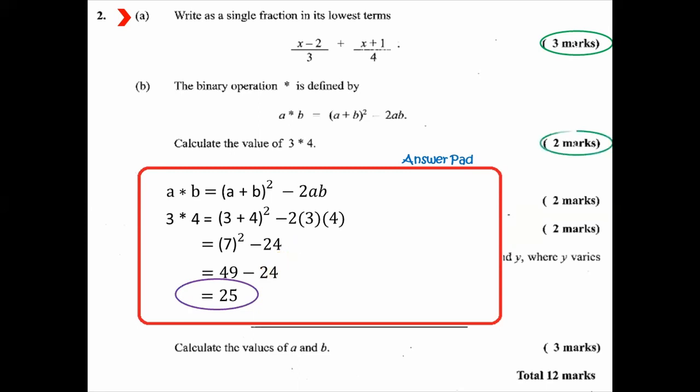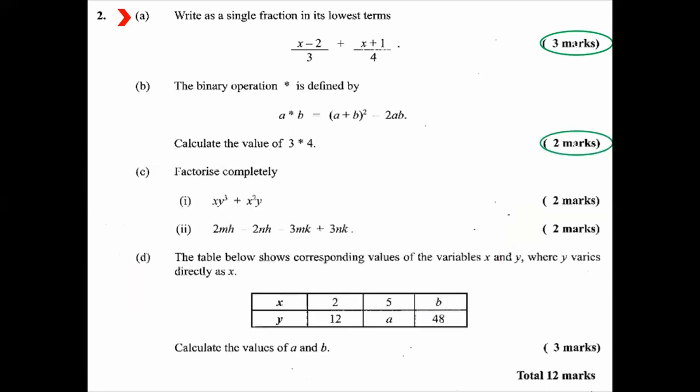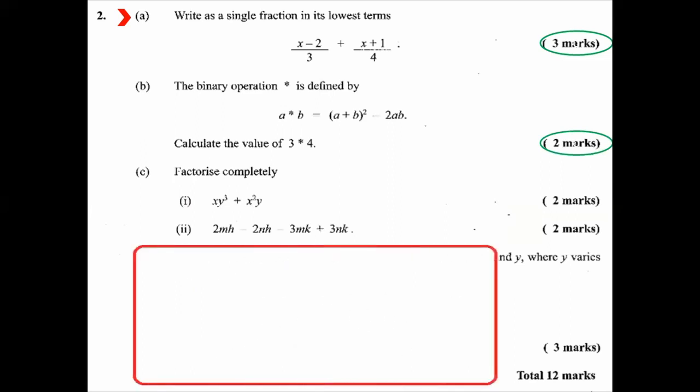2 marks. Easily done. And then, of course, we are much more familiar with factorizing from the 2 previous questions. So what we're going to do now is find the common factor here, starting with the variable at the front because there are no numbers in this case, no coefficient.